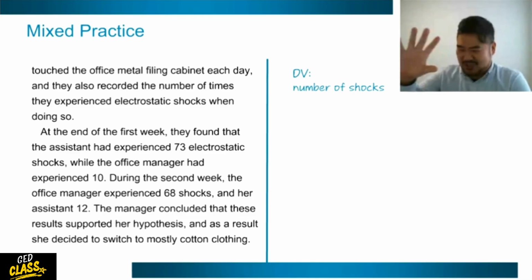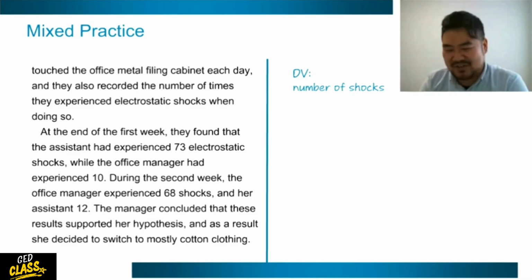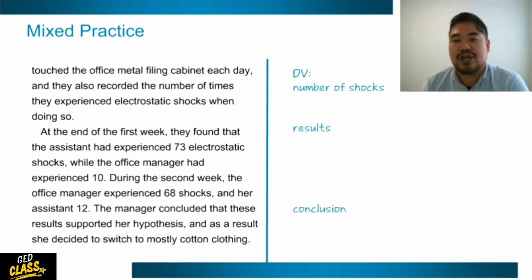And notice that difference is huge, right? 73 versus 10, 68 versus 12. So we see here our results from this experiment. And from those results, we see the conclusion. The manager concluded that these results supported her hypothesis, and as a result, she decided to switch to mostly cotton clothing. So this is our experiment, using the scientific method to create an experiment.